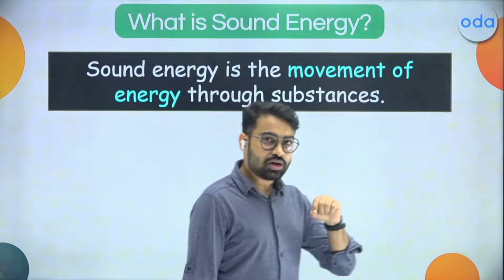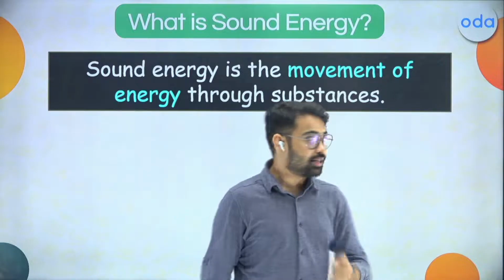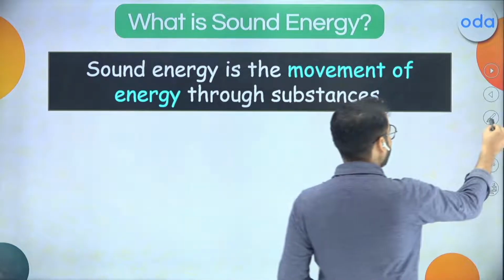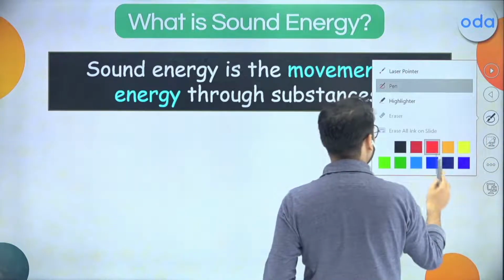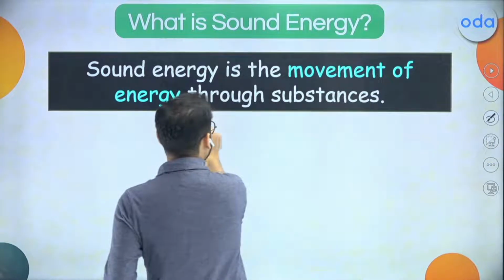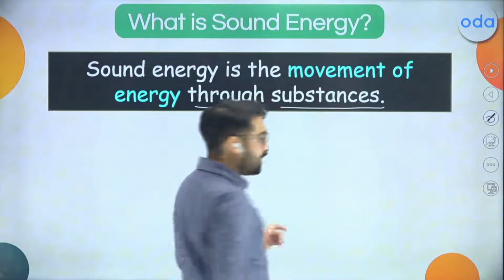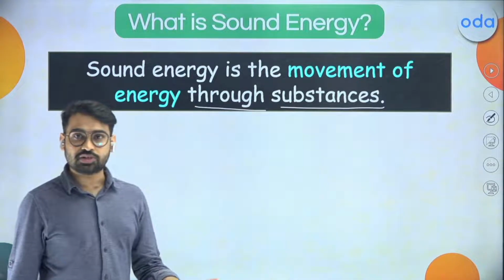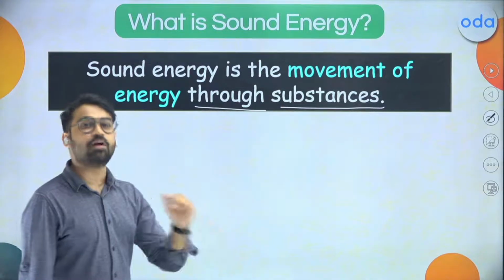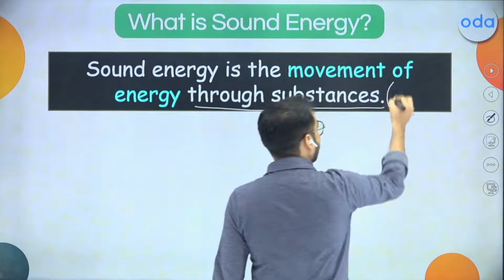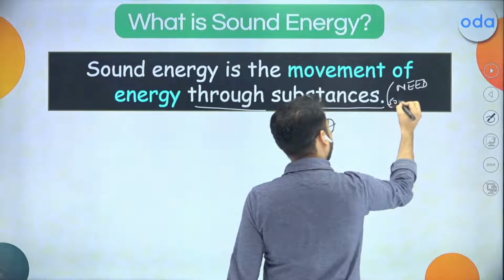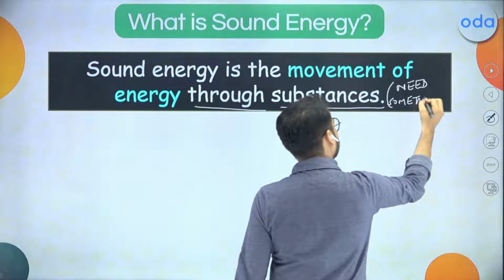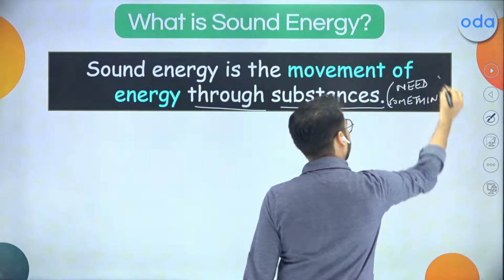This gives us another thing to tell about, and this is actually the differentiating factor between light energy and sound energy: if it is traveling through substances, it needs something, right? It's not as if I can just keep going on and on.